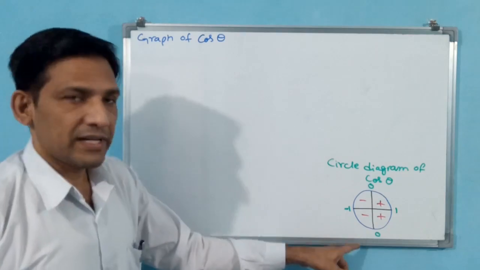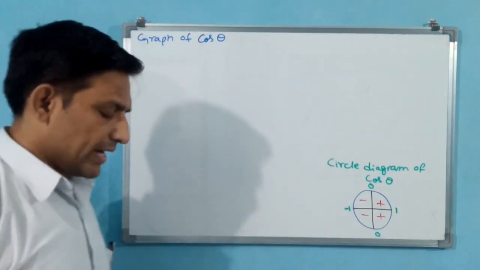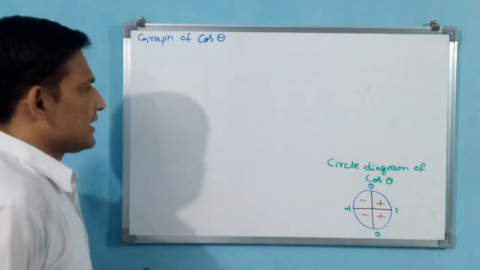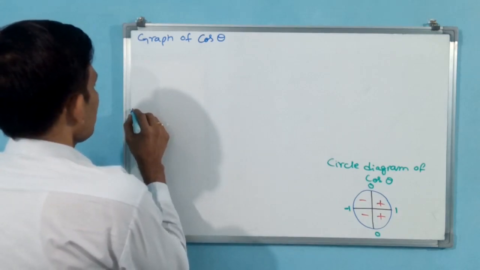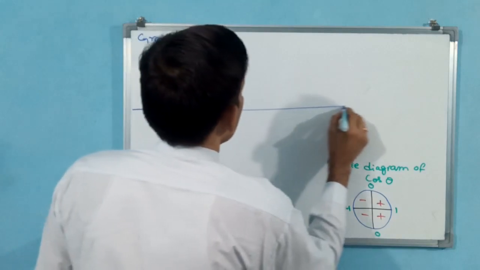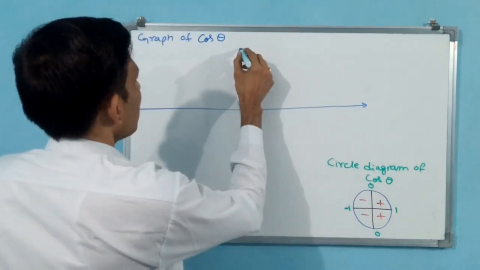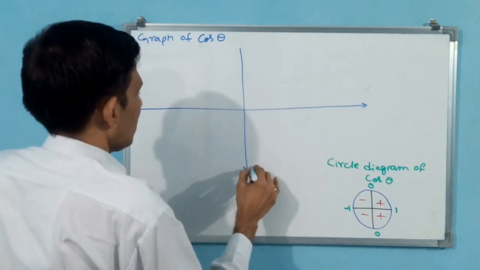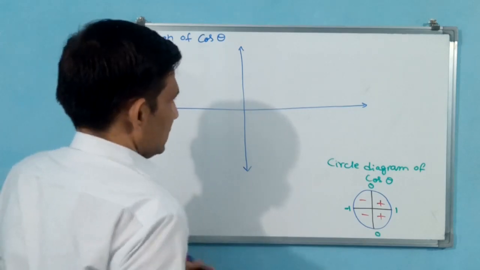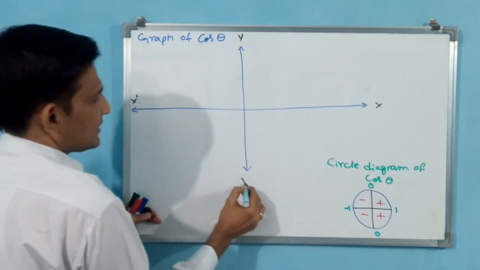Now, based on this circle diagram of cos theta, let us draw the graph of cos theta, same like earlier. X and Y axis you draw first, then we will draw the graph. Say x, y, x dash, y dash.